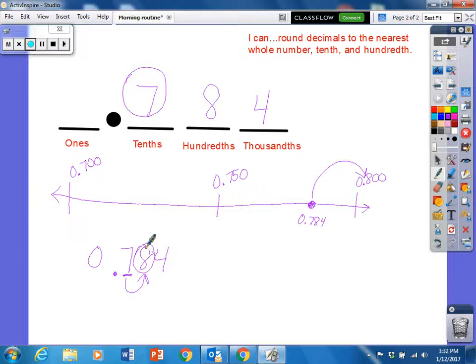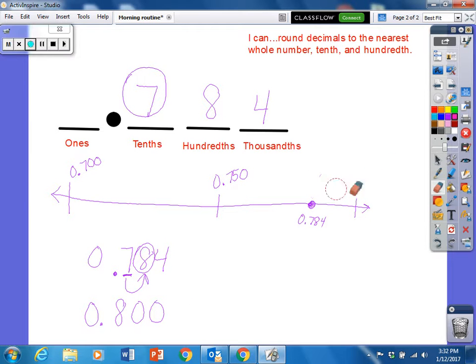Yep, you got it. It is. So we're going to add 1 to our tenths place. So our new rounded number is going to be 7 plus 1, which is 8. And again, I'm going to add in my other place values as zeros, just like I do with traditional rounding. So again, 784 thousandths rounded to the nearest tenth is going to be 8 tenths, or 800 thousandths.